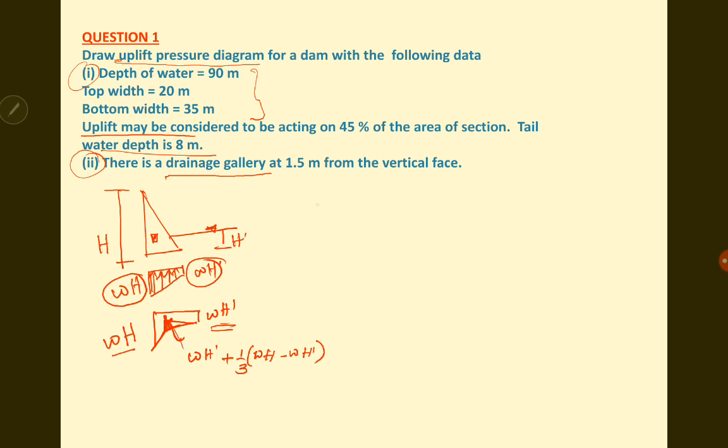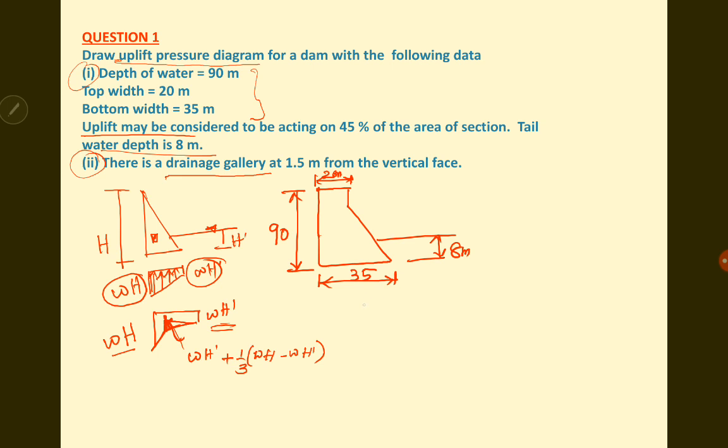Now first you will draw the basic diagram given by this question. Here you have the dimensions: top width is 20 meters, and the bottom width is given as 35 meters, so this dimension is 35. This height is given as 90 meters, and this height is given as 8 meters.